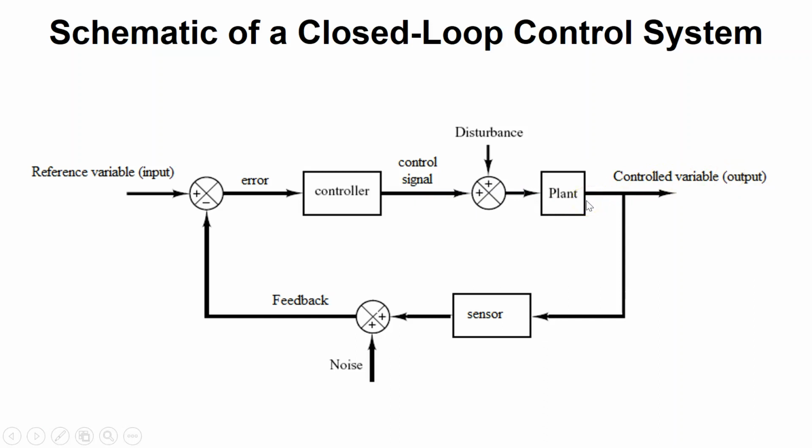Now, as I said, the variable from the system that you want to control is the output of the system, or one of the outputs of the system. You want to control that. Now, how would you do it? I'll tell you, there are two types of systems, closed loop and open loop.